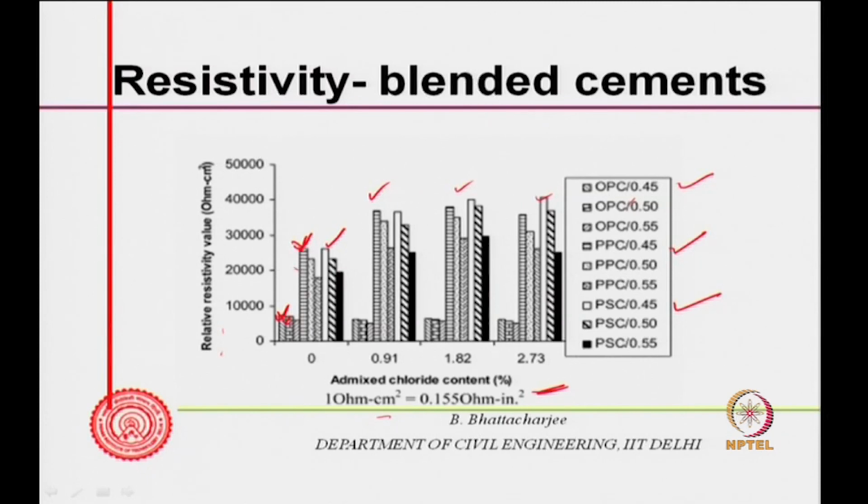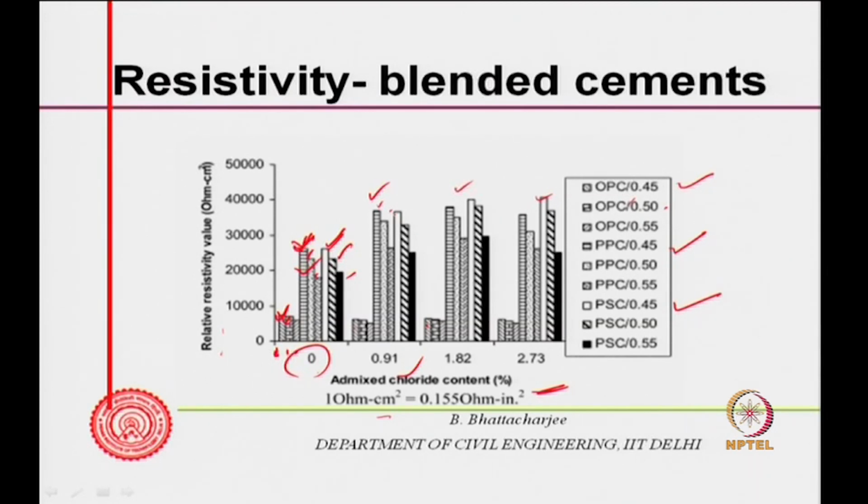So, these are for blended cement for 3 water cement ratios, at 0% chloride. This is for OPC 0.45, 0.50 and 0.55. This is for PPC 0.45, 0.50, 0.55, slag cement 0.45, 0.50, 0.55, no chloride. But if you have high chloride, the resistance did not change much for OPC, but relative resistance change was there in PPC and PSC.